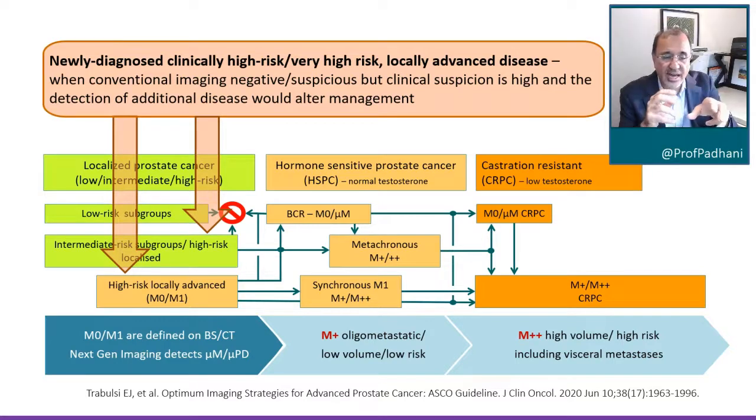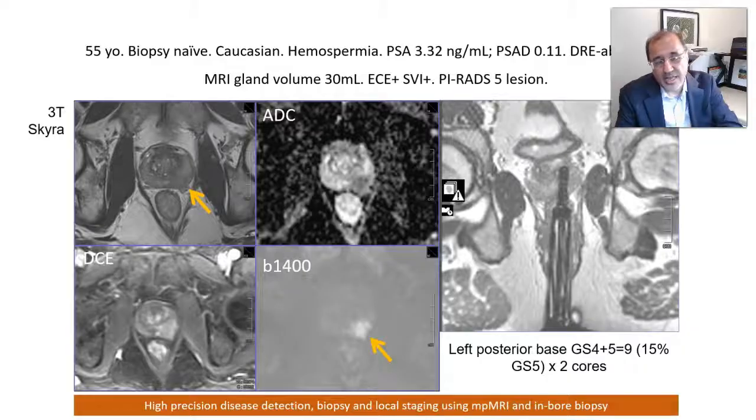Well, if you look at high-risk locally advanced prostate cancer, they recommend the use of next generation imaging if conventional imaging is either negative or suspicious, but clinical suspicion is high, if the detection of additional disease would alter management.